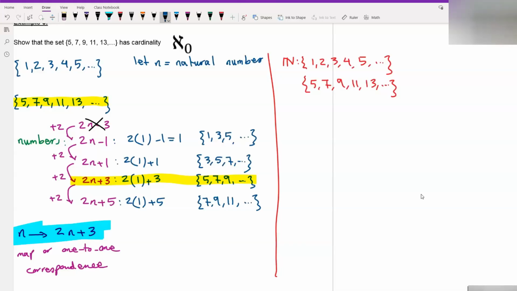I'm going to find the difference between the first two numbers. 7 minus 5, the difference here is 2. I'm going to use that here, multiplied by n, having multiples of 2, so it's 2n. And if I use n equal to 1, because for natural numbers the starting point is 1, then 1 times 2 is 2, but I have to add a number to be able to find 5. If not, I'm going to have 2, and this is not 5.